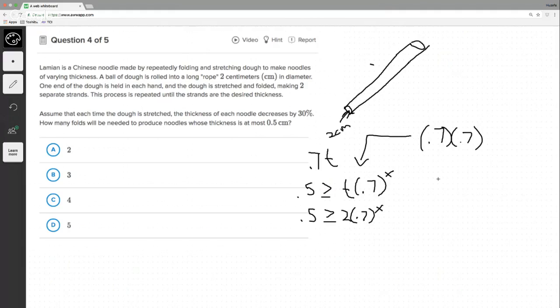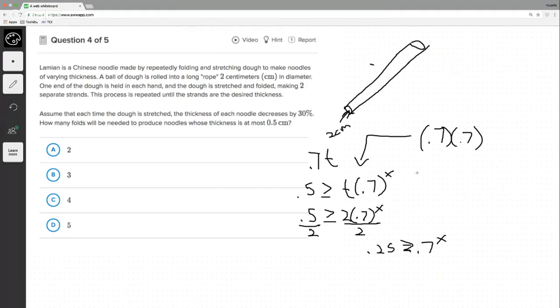And we can solve this once again using logarithms. We're going to divide both sides by 2, and 0.5 over 2 is just 0.25. So 0.25 is less than or equal to 0.7 to the x.